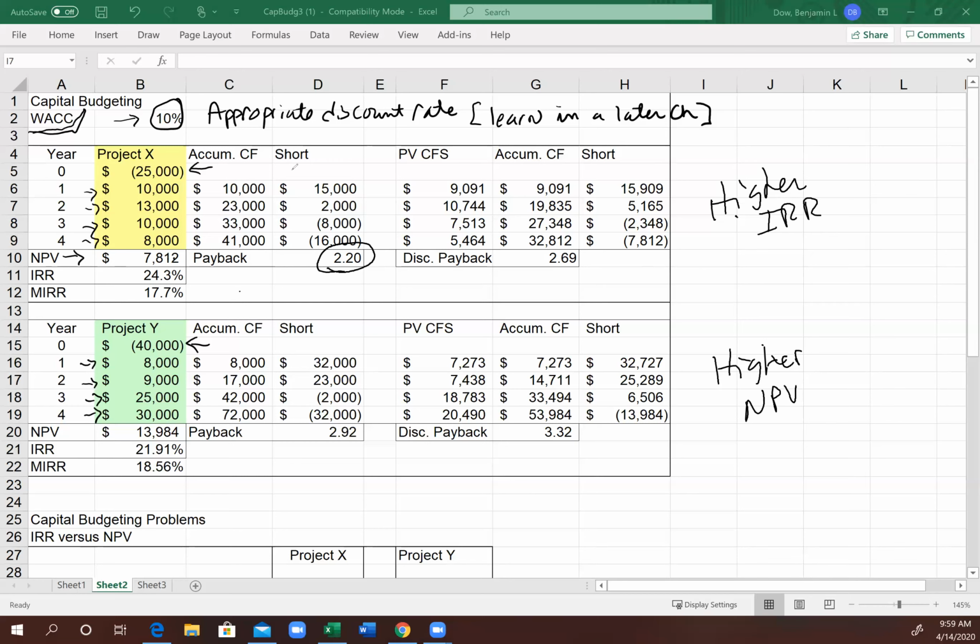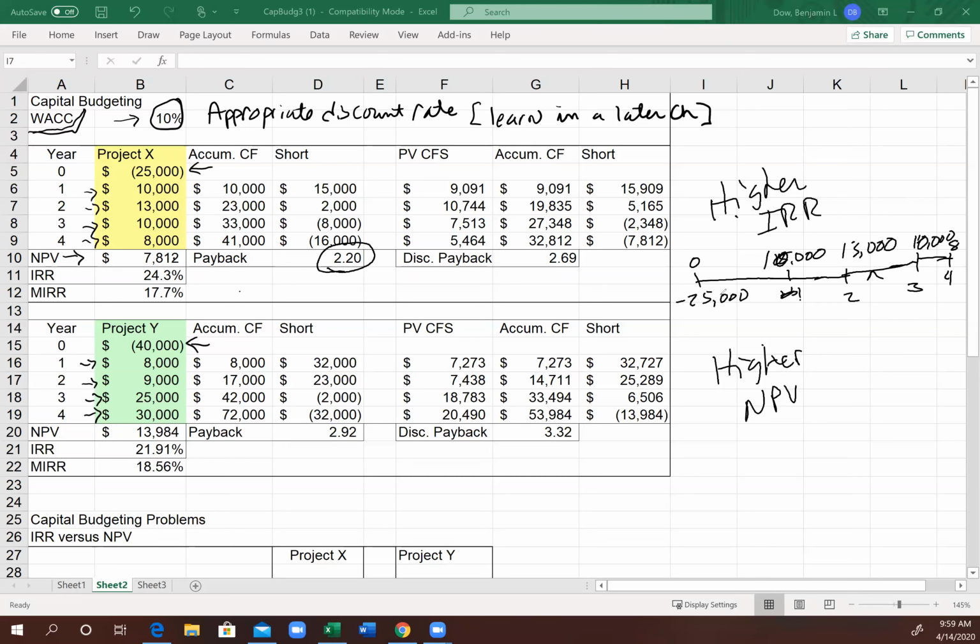We got back, excuse me, not 15,000, we got back 10,000 in year 1, 13,000 in year 2, and 10,000 in year 3. And we got 8,000 in year 4, but for payback purposes, we don't need to worry about it.